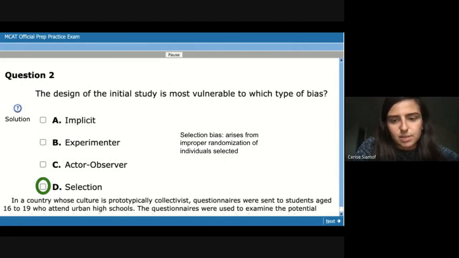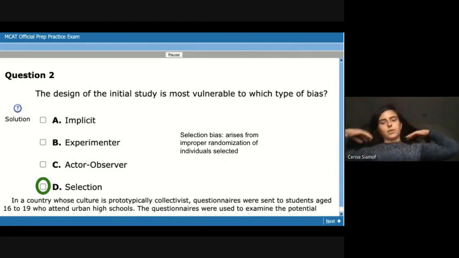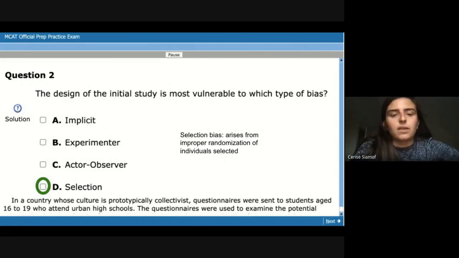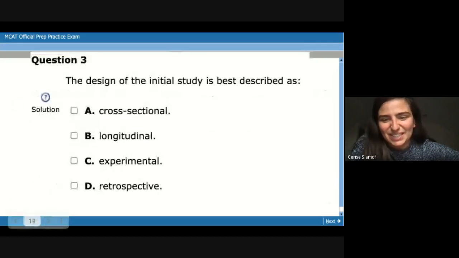There's a lot of implicit biases that people hold about other groups, and this is actually quite problematic, right? Prejudices are similar. So for the design of the initial study that you're given, there's no reason to believe it would be most vulnerable to implicit bias. I don't know if you have another way of explaining that, Pranava. I find it kind of hard, but it is that it's implicit, right? So, okay. As someone says, that makes sense. Thanks. Okay, do you want to click again to the next one?